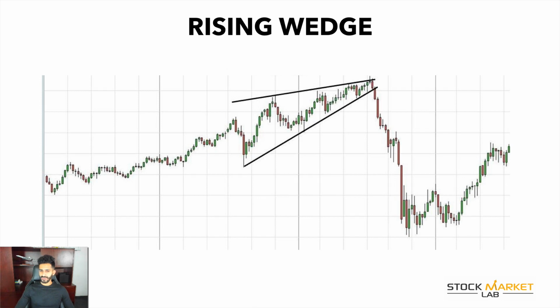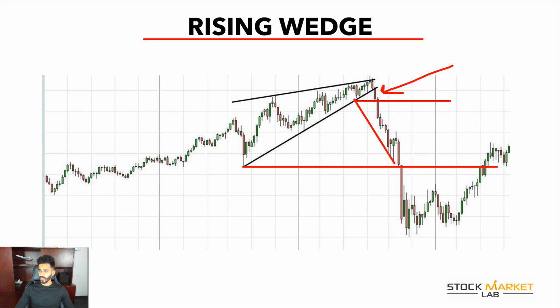You can see right here, the stock is moving in an uptrend, and the price starts forming a rising wedge. You can see it starts losing momentum, and then boom, look at those nice red candles. Strong red candles, strong move down. That's giving you a confirmation. Short, enter right there. And you can see it keeps going down and down. Strong move right there. That is a rising wedge.